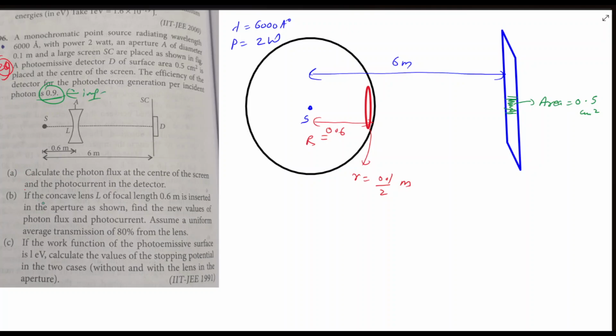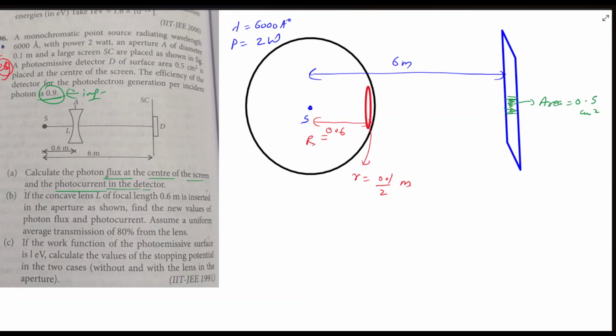Now let's move on to our questions. In part A, we have to calculate the photon flux at the center of the screen and the photoelectrons, or photocurrent, in the detector. It will be according to the number of electrons; if we get the number of electrons, we multiply by the charge and get the answer. It's a long way.